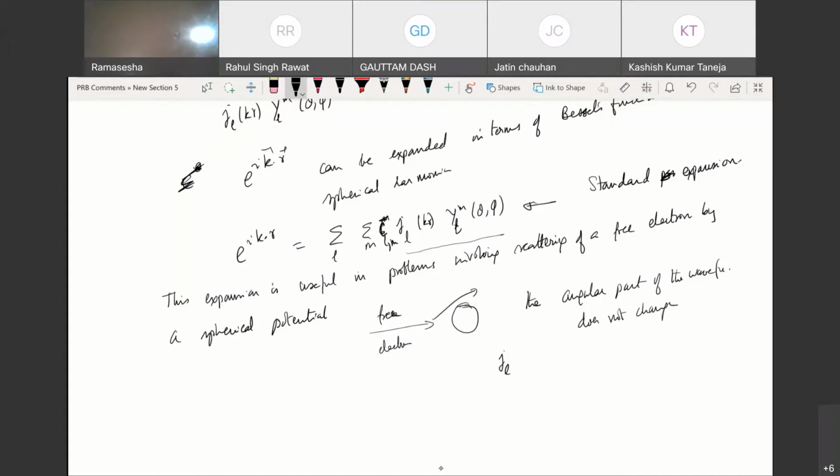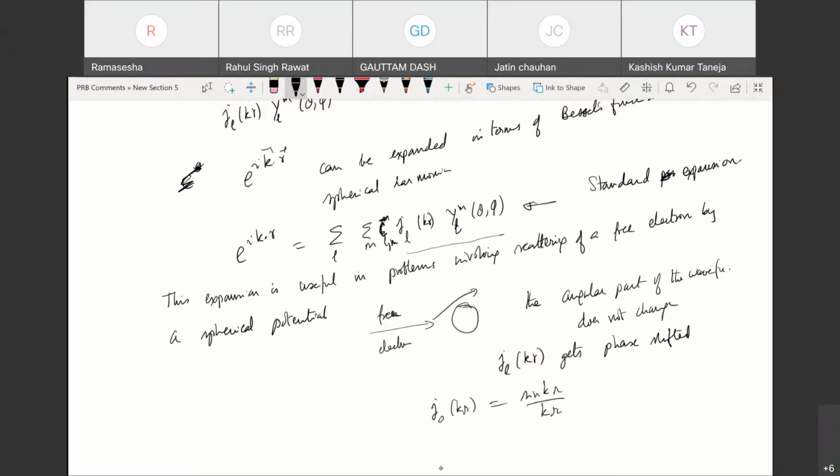Because you know that J0 of k r, for example, is nothing but sine k r by k r, right? So this goes to a phase shifted thing, which is sine (k r minus delta) by k r. Or in general, any one of them is shifted by some delta. So it's very, very helpful.